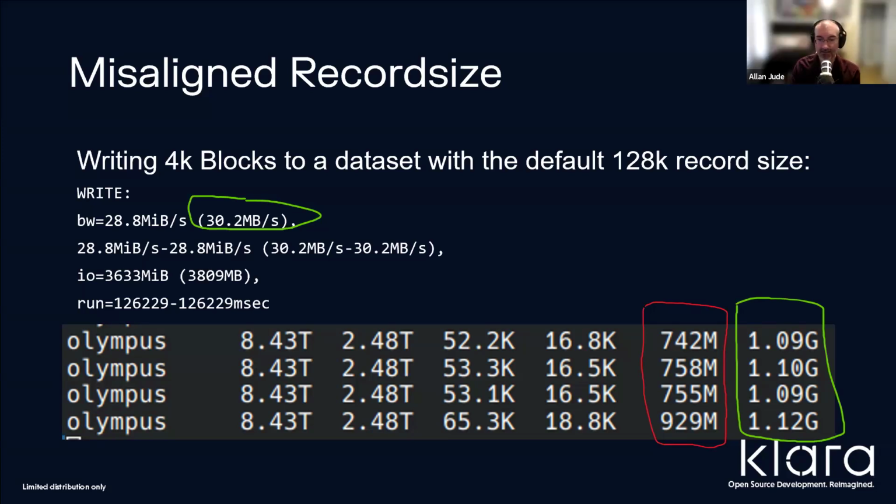Yeah. So the other thing I wanted to quickly explain is why there's such a difference between the read and the write side. And that is when reading the data, when we're reading that 128K, ZFS can skip the parity, right? Because if the reconstructed 128K block passes the checksum, we don't need to read the parity. But when writing, we always have to write the parity as well.